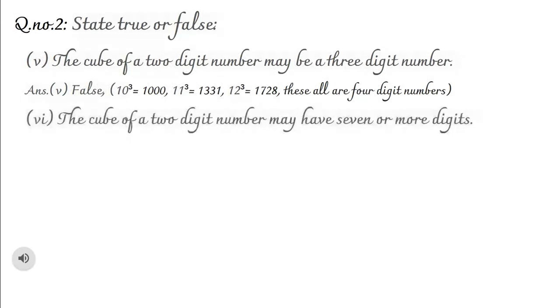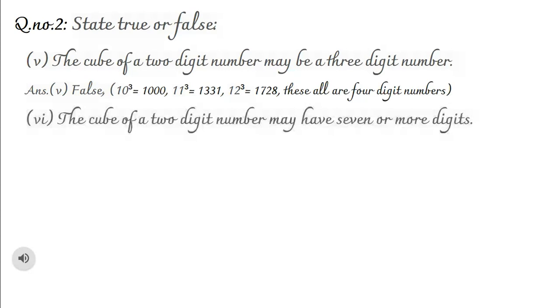Sixth one. The cube of a 2-digit number may have 7 or more digits. Is it right? We can check the greatest 2-digit number. What is the greatest 2-digit number? That is 99. Then what is the cube of 99? That will be 970,299. How many digits are there?